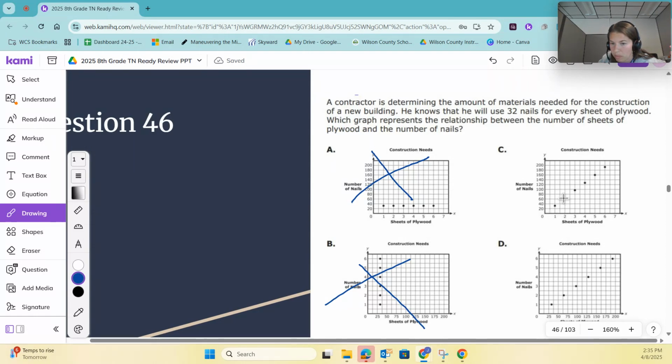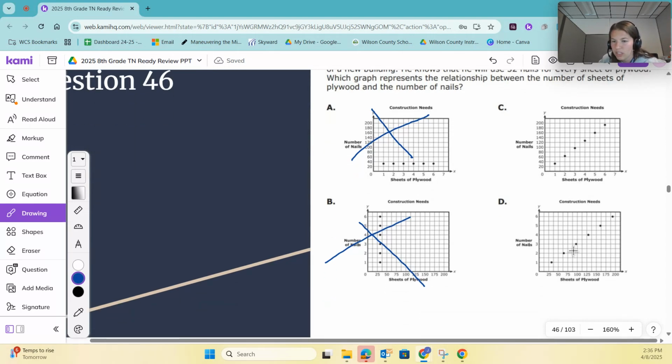Two sheets of plywood would be about 64. Three would be just under 100. Four would be 120. So that increases the way that I think it should. Now this one says 32 sheets of plywood for one nail again. That doesn't make any sense. So C would have to be the correct answer there.